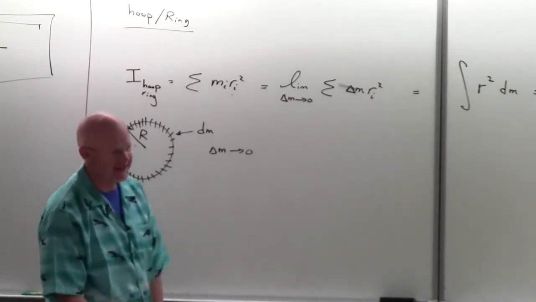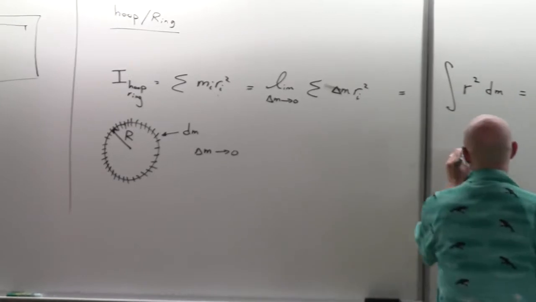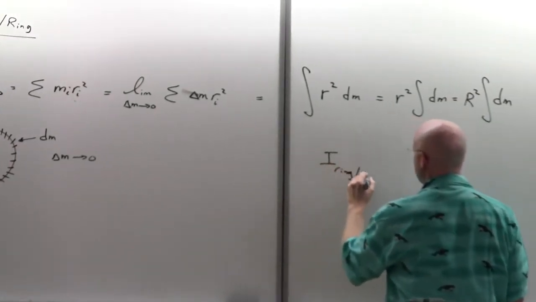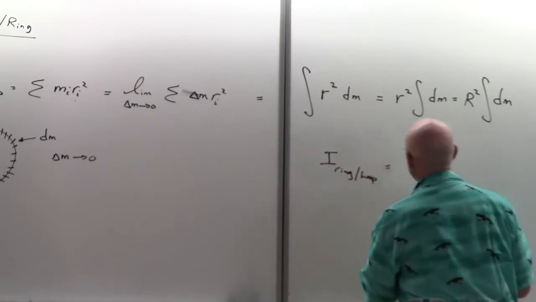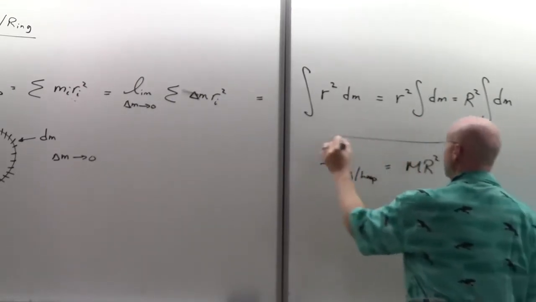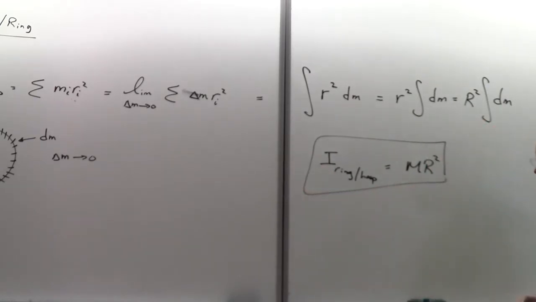The total mass of the hoop. And so here's my ring slash hoop, and I'm just going to put capital M, capital R squared, put a little box around it and say, okay, there is my first calculation for the moment of inertia.